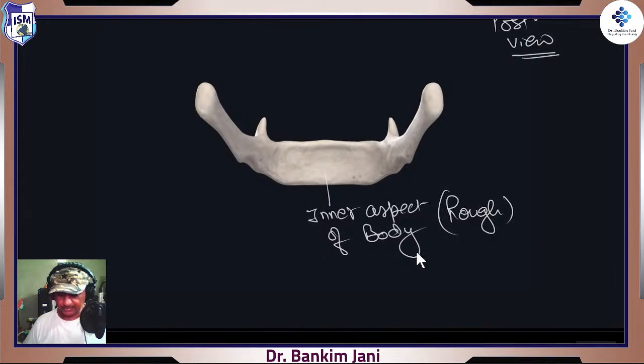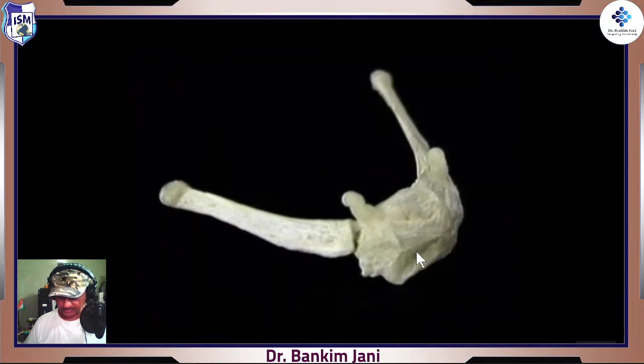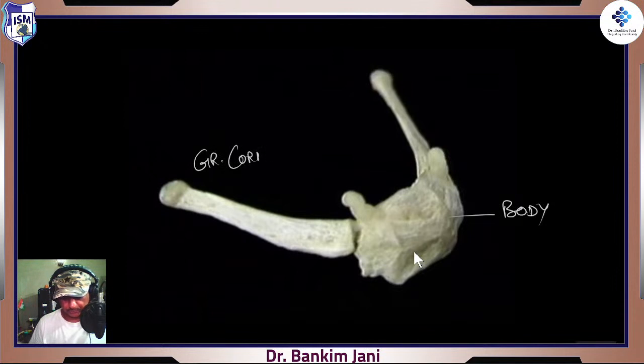Now, see, these are the images, but when it comes to real, this is a real hyoid bone. One marked difference which we'll watch. That's fine. This is the body which looks so rough because muscles are connected. This one would be the greater cornu. That is also fine. But watch this.